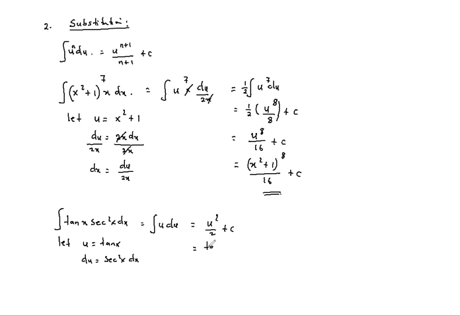But we said u is tan x, so you just do that. You're done. Questions like sin x cos x dx. You simply say u is sin x, du will be cos x dx.